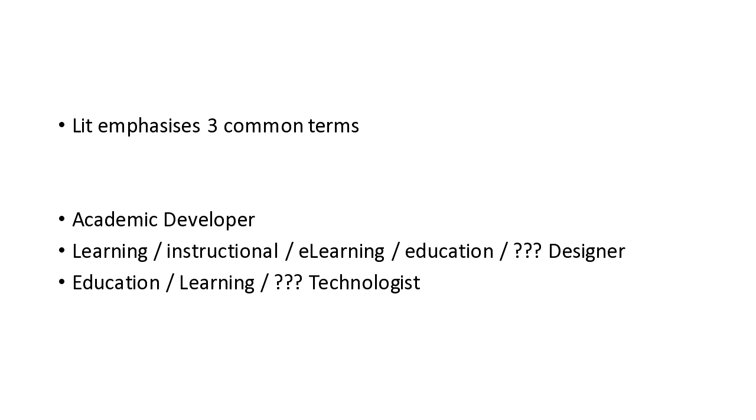Where we started was digging into the literature a little bit, just to see what the most common titles are, and academic developer was by far the clearest. I think there's an International Journal for Academic Development, so they're very switched on.